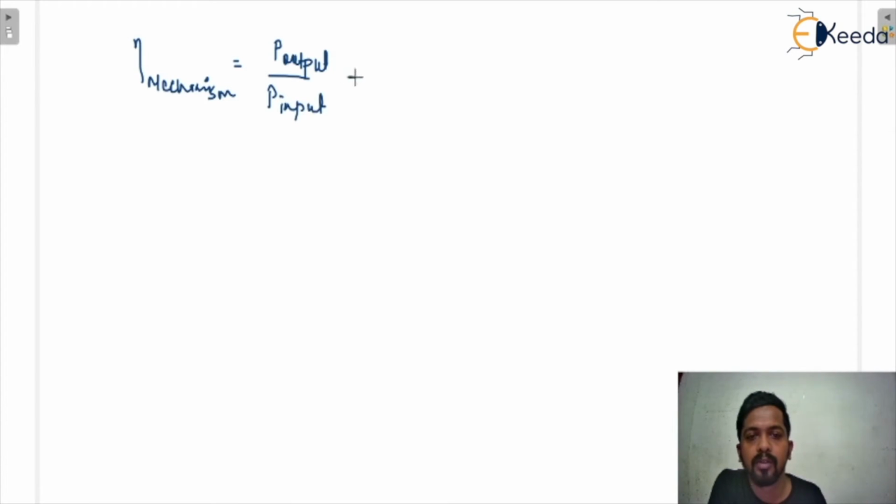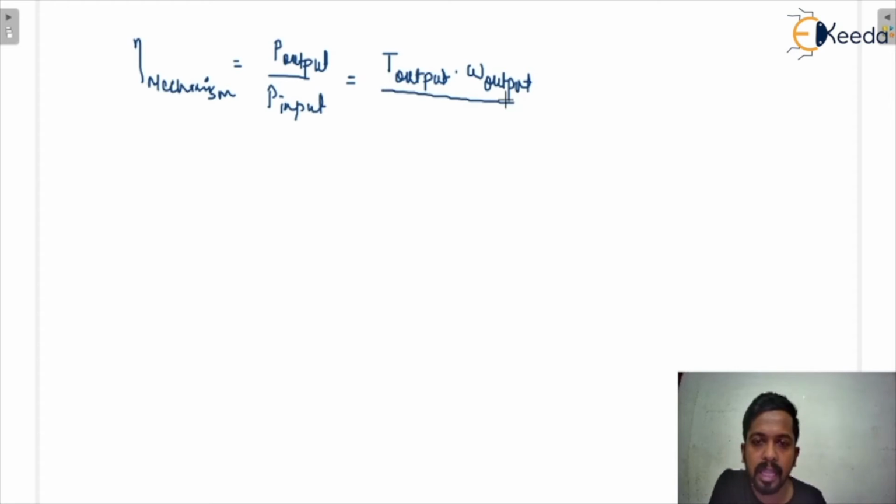Now you can convert it into torque at output and omega at output, and the ratio would be the torque at input and omega at input.